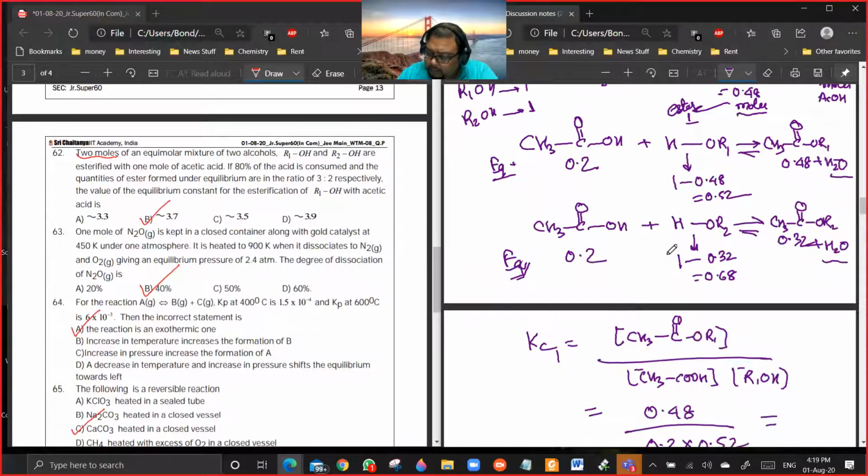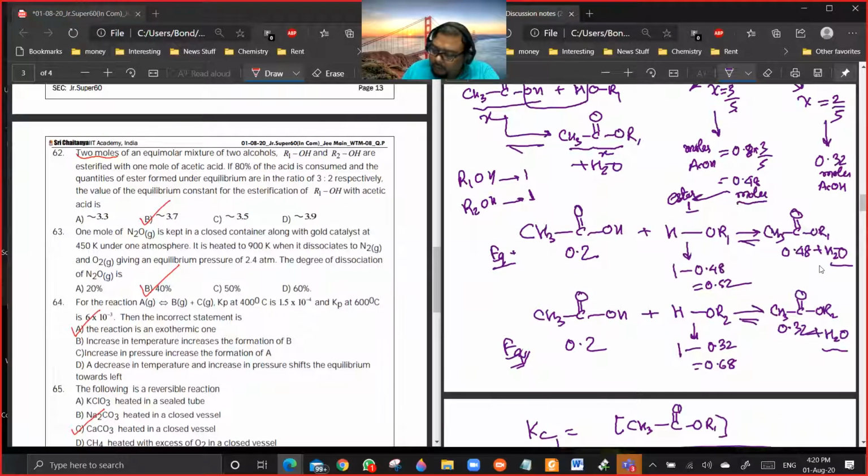So if you are taking water into account, then in the first step you will be getting 0.48 moles, and in the second step you will be getting 0.32 moles. So since water will be added here, this will be 0.8. Okay, they are taking into account water also.